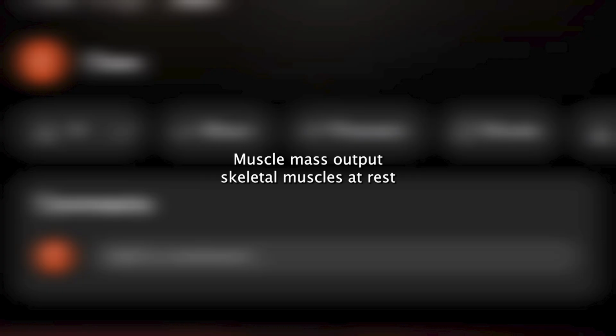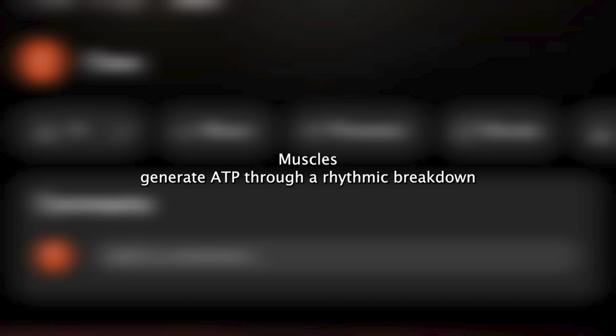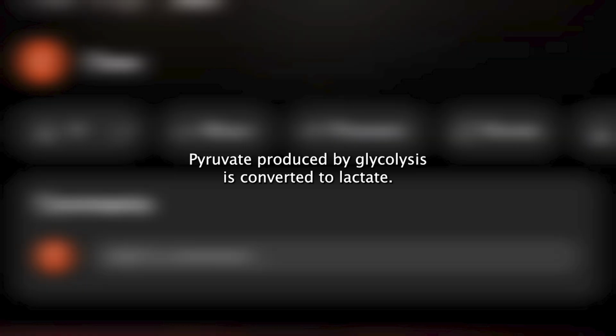Muscle metabolism: skeletal muscles at rest metabolize fatty acids and store glycogen and creatine phosphate. During moderate activity, muscles generate ATP through aerobic breakdown of glucose, primarily. At peak activity, pyruvate produced by glycolysis is converted to lactate.